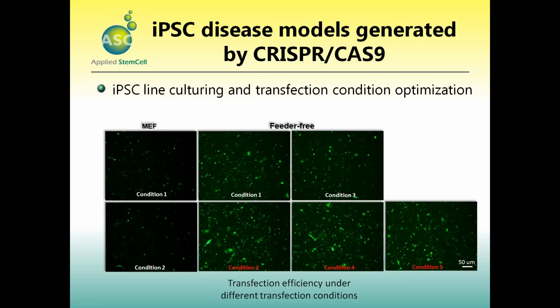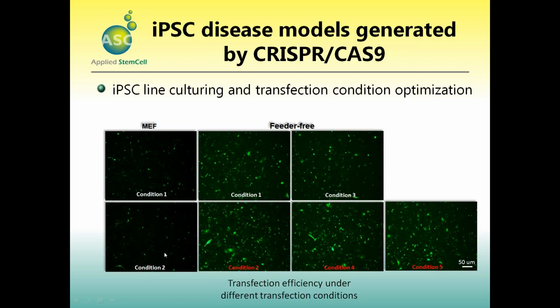Here I would like to give you an example of how we increase the targeting efficiency with cell line pre-evaluation. We first optimized the culture systems. So we used feeder-based systems and the feeder-free systems, and we tested different transfection conditions. First, we would like to show you the data between the two culturing systems.